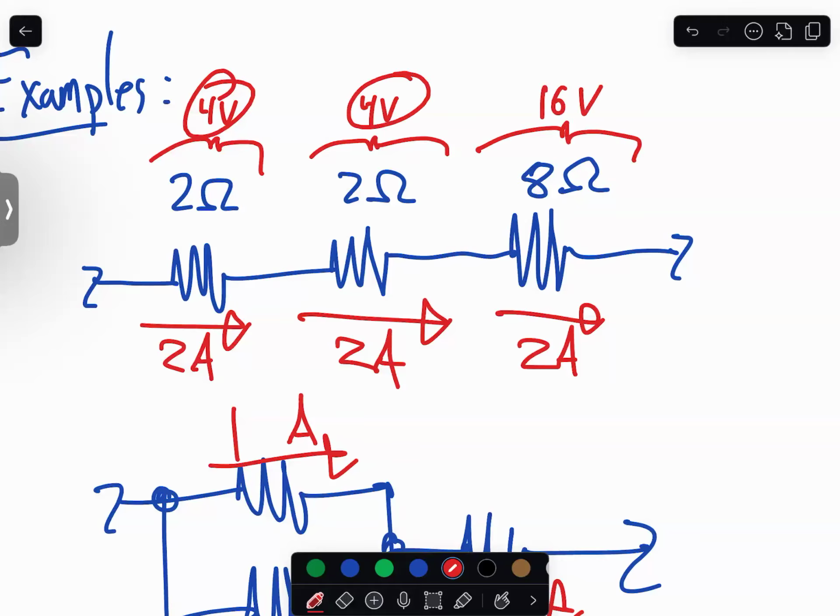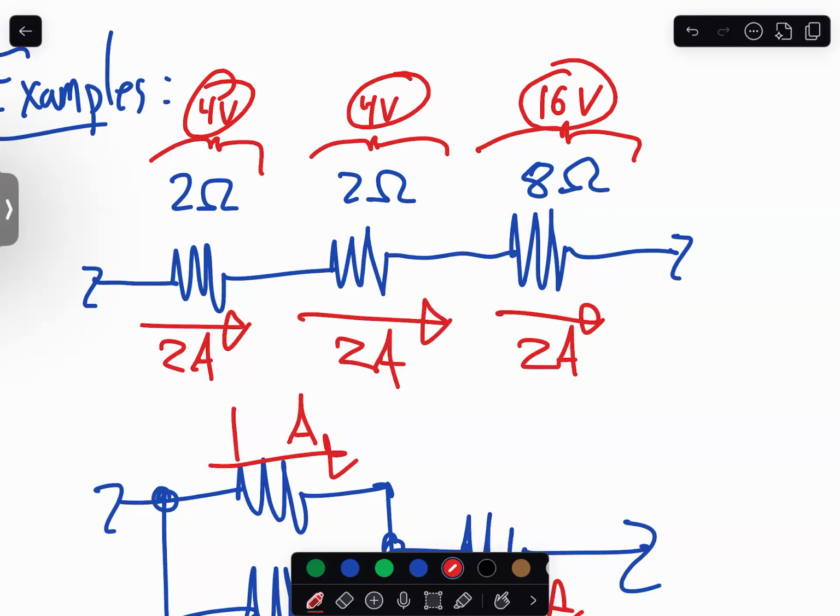Burn 16 volts here. V equals I times R is where I'm getting these numbers. These voltages are not all equal. What's the total voltage? How much energy must you provide each coulomb of electricity that flows through this?